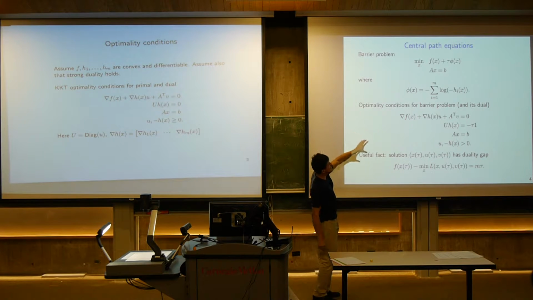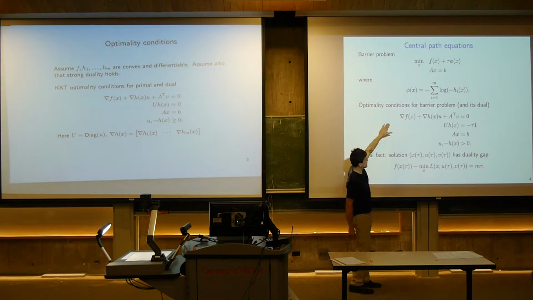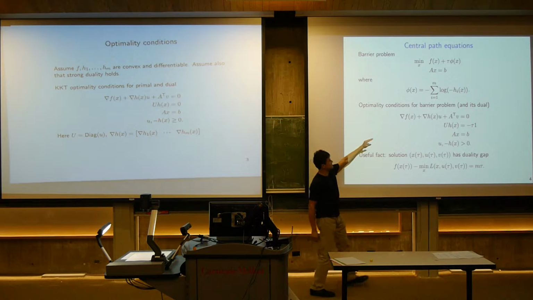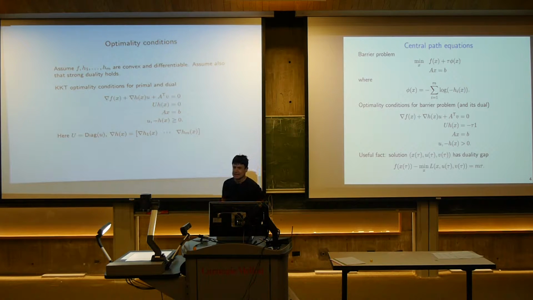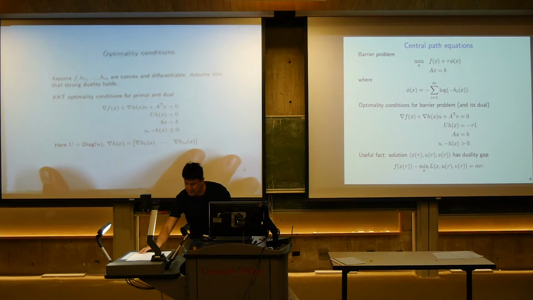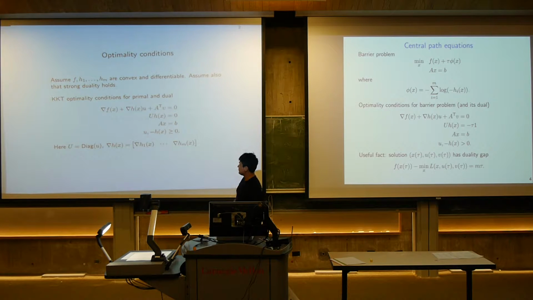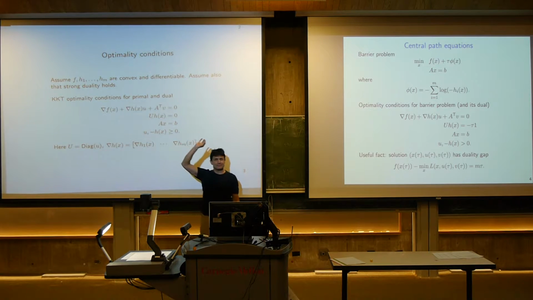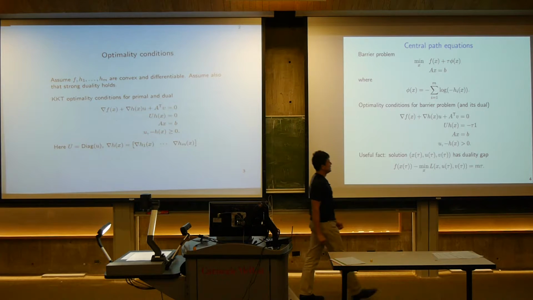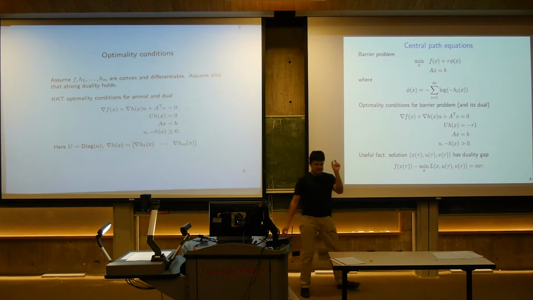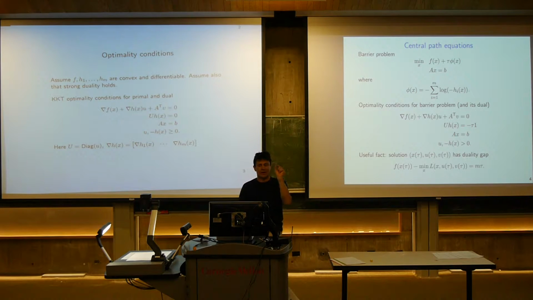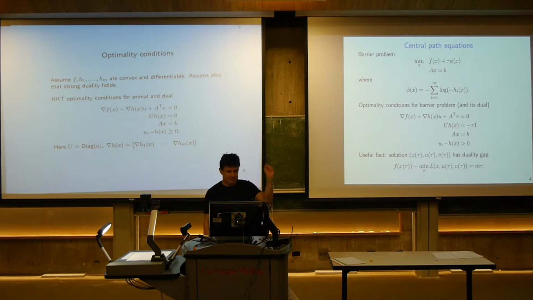The optimality conditions for this problem turn out to be like this. The first equation is identical to the first equation for the original problem. The second equation is maybe the key difference. In the second block of equations, instead of complementarity, we have this tweaked complementarity: component-wise, the h and the u's have to multiply to tau.